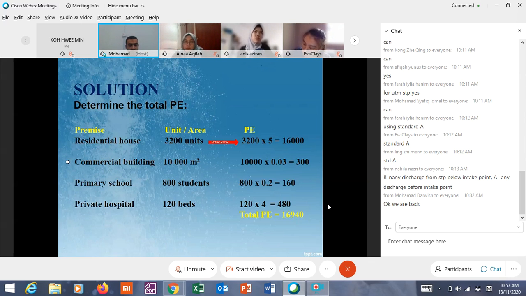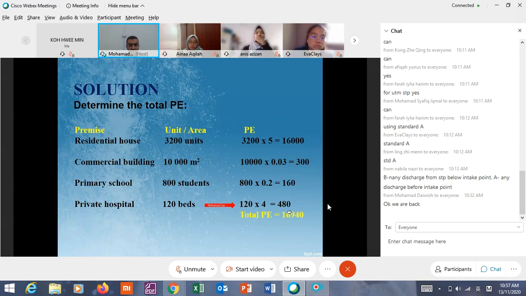For the commercial building, it's 10,000 meters square, so 10,000 times 0.3 over 100. The primary school is considered a day school here, so it is 800 times 0.2. For the private hospital we have 120 beds, so the PE is 120 times 4.